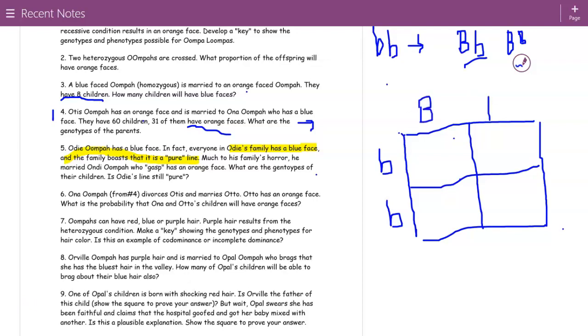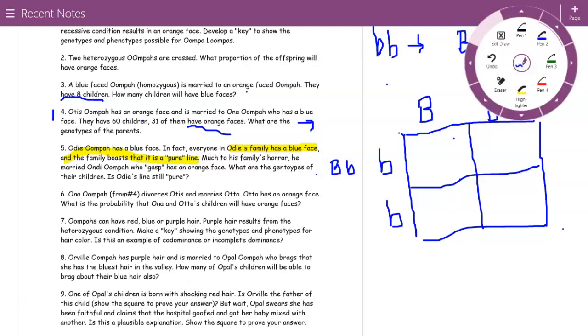This question is leading us to think that Odie is homozygous dominant. Okay, genotypes of their children are going to be big B, little b.